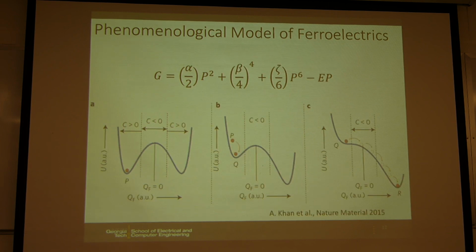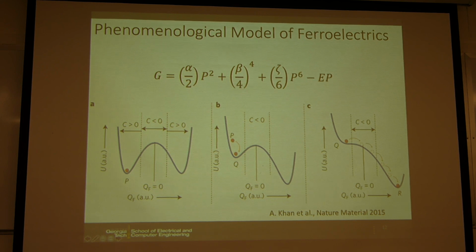So it's like this. If you plot this energy landscape equation, at E equals 0 you have this double-well energy landscape, and your initial state P is in, let's say, the left valley. The region corresponding to negative capacitance is this region here, because the second derivative is negative in this region.